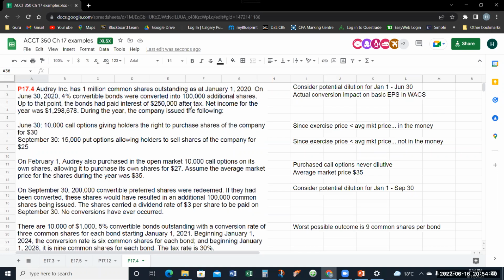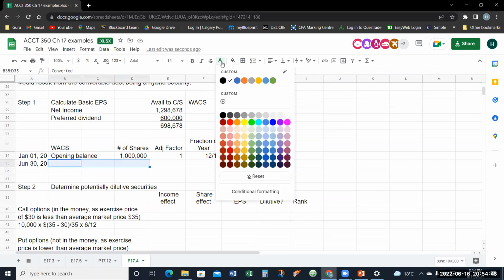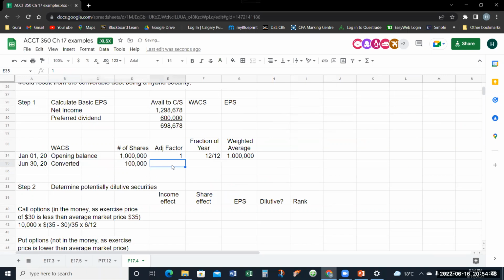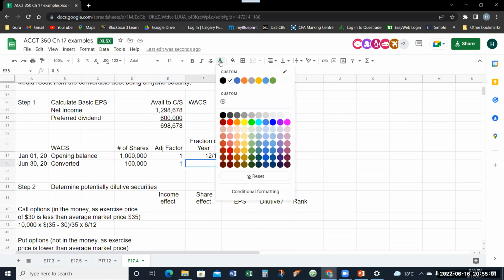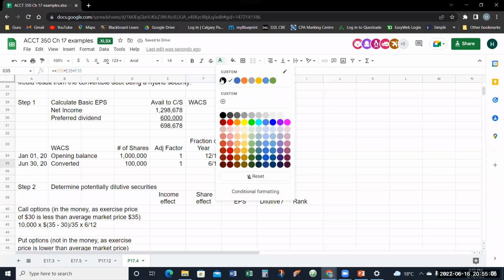So 100,000 extra shares were issued on June 30th. The adjustment factor is 1 because there's no stock dividend or stock split. The fraction of the year is from June 30th to the end of the year, so that's 6 months out of 12. If I multiply that out, I get 50,000.